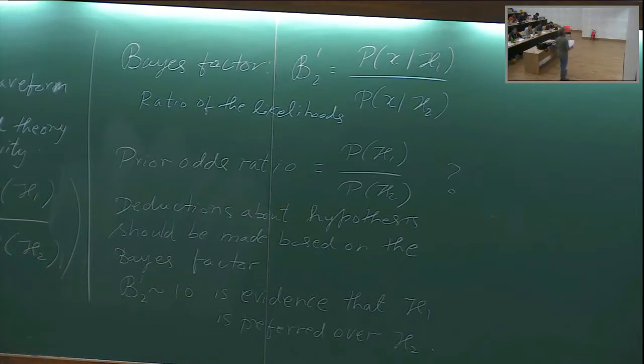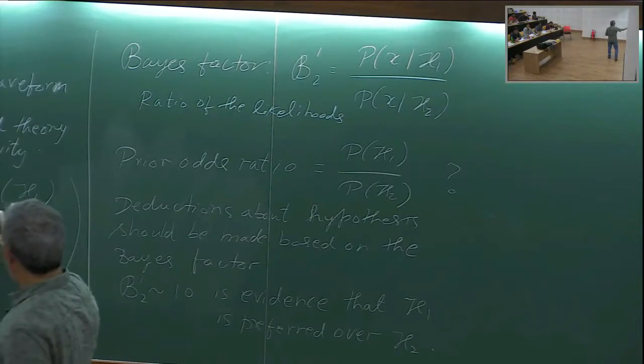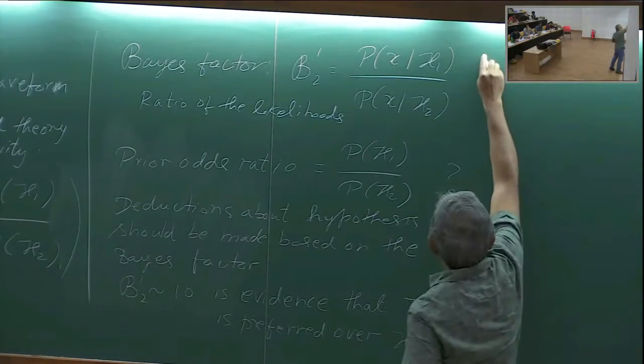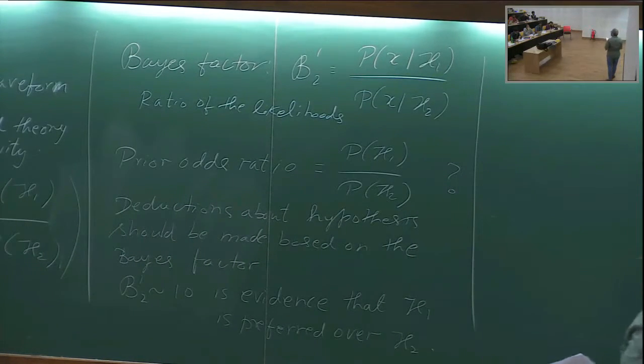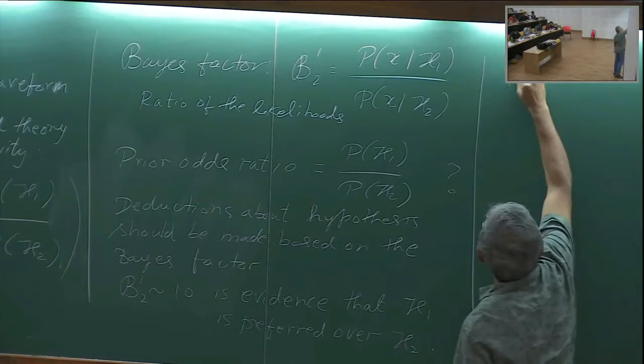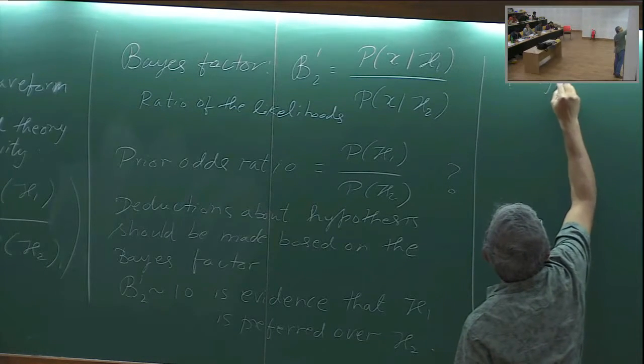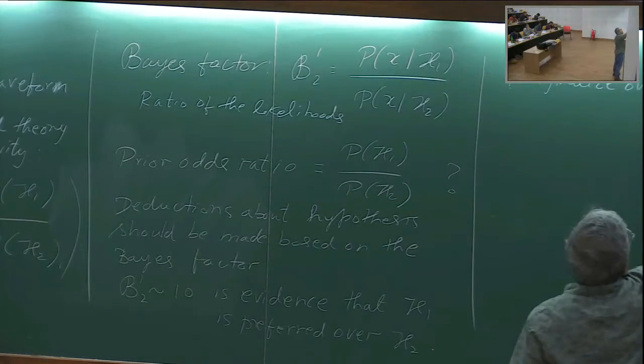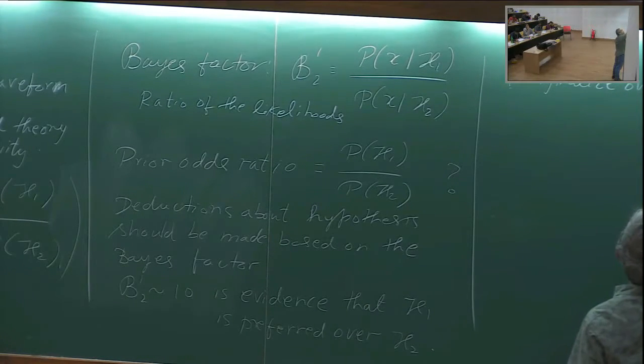So, as I said, in some cases the model that you are considering might depend on a number of parameters. So we should marginalize over nuisance parameters, as they are called.